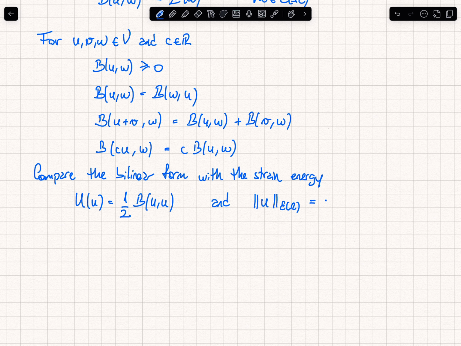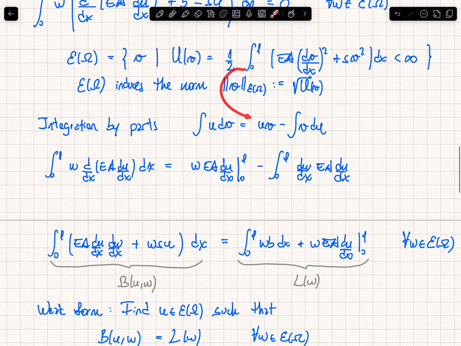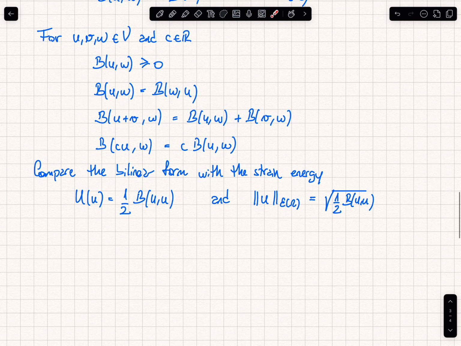And again, I just simply go back and I look at the way I have defined the way we measure things, right? So if I now put U here, and I know that U of U here is going to be 1/2 of my bilinear form, then I can now measure things by looking at the bilinear form.